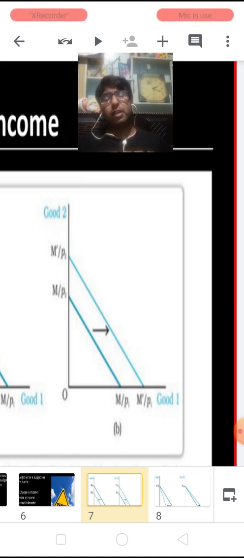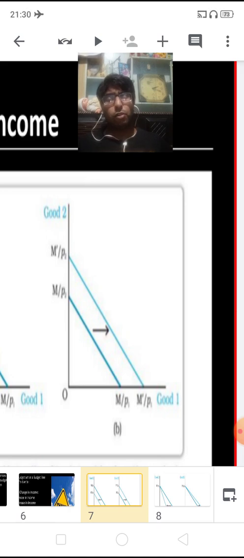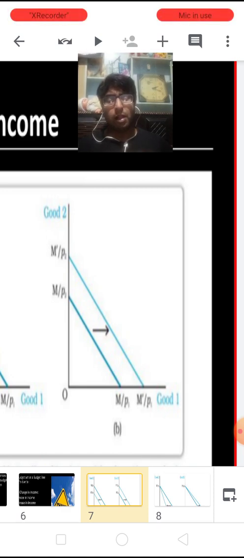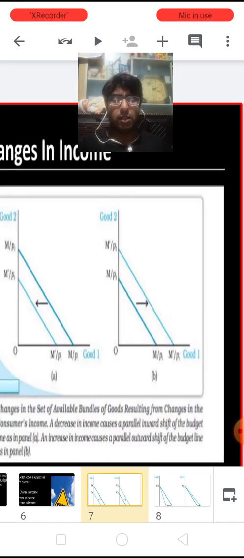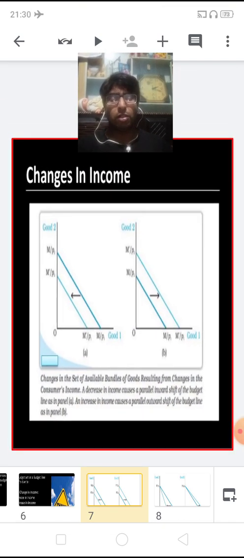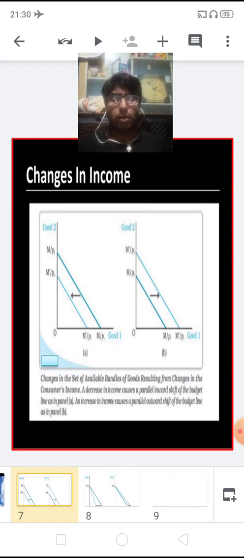So if he can avail more of both the commodities, then the budget line will shift towards the right, and the initial budget line is m divided by p1 and m divided by p2, and now the new budget line shifts towards the right, which is represented with m dash by p1 and m dash by p2. So this is the change in the budget line due to change in the income of the consumer.